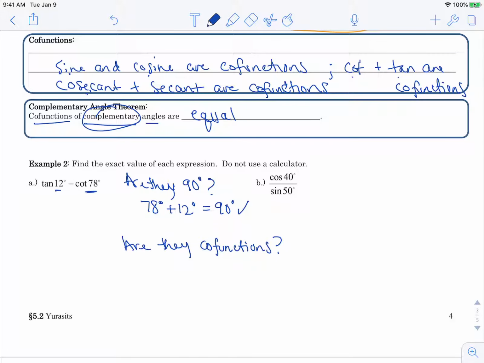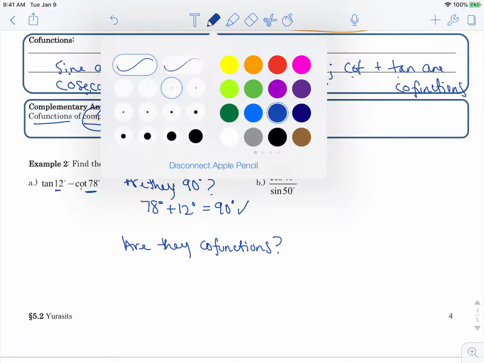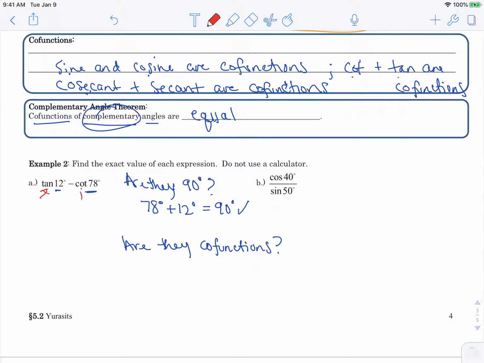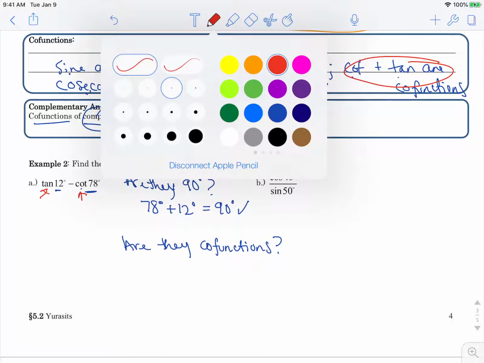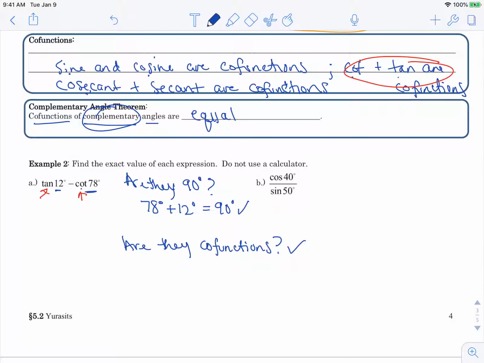Well, are tangent and cotangent cofunctions? Well, they are. So what this means is, since these are both yes, that means they are equal.